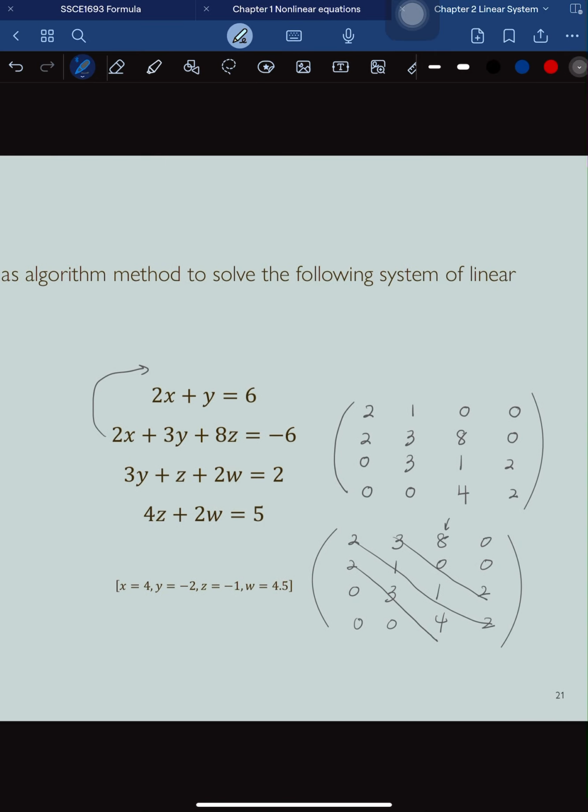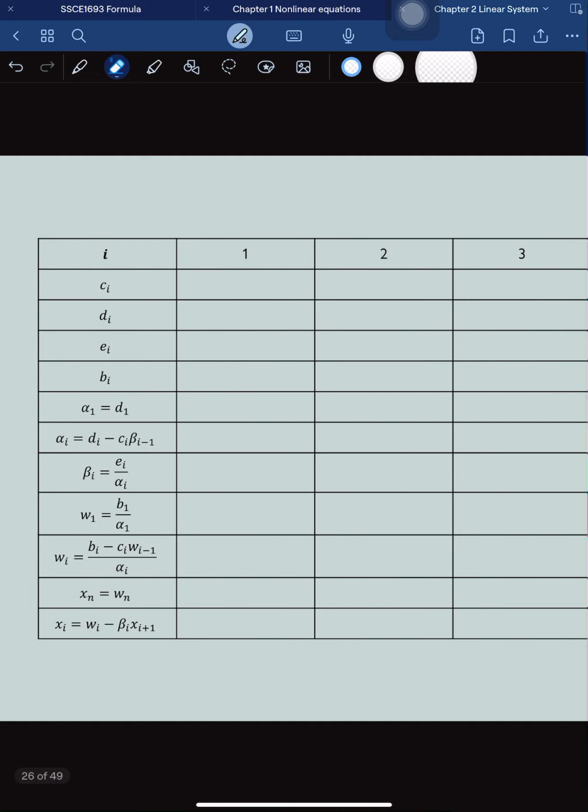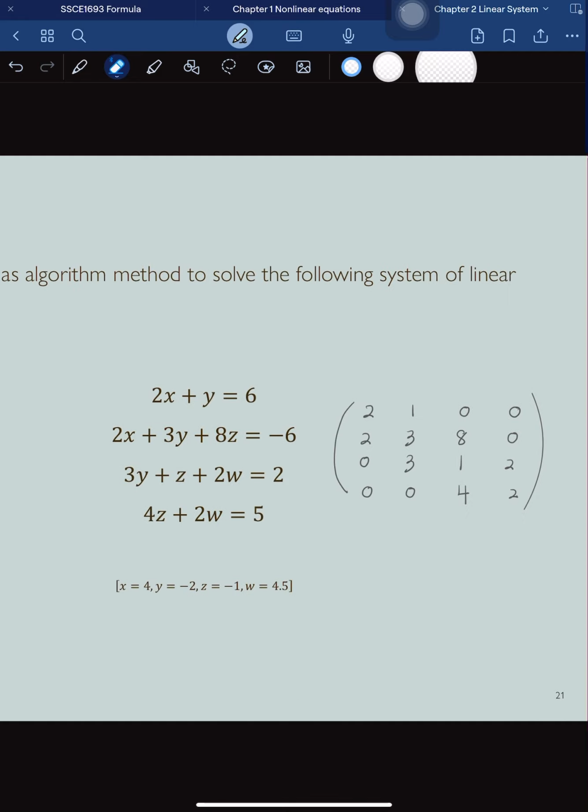That's why you have to rearrange your matrix until you get the tri-diagonal matrix. But for our case, for this example, it is already in the tri-diagonal matrix, so you don't have to do anything. Just use the formula. Okay, let's try. So this is our C. C is 2, 3, 4.